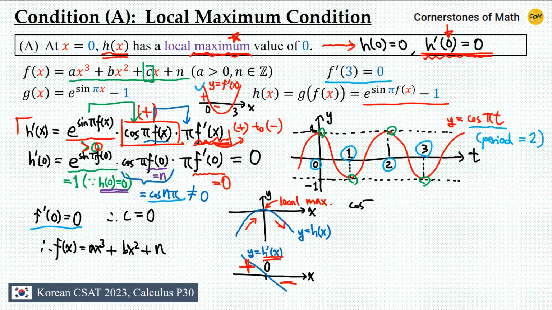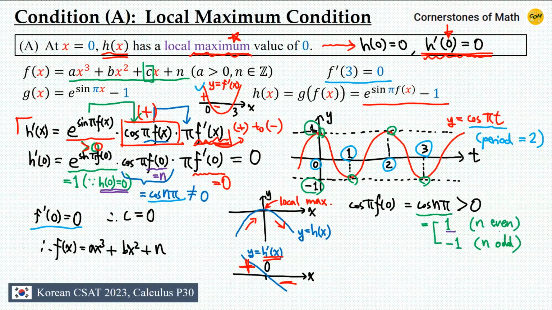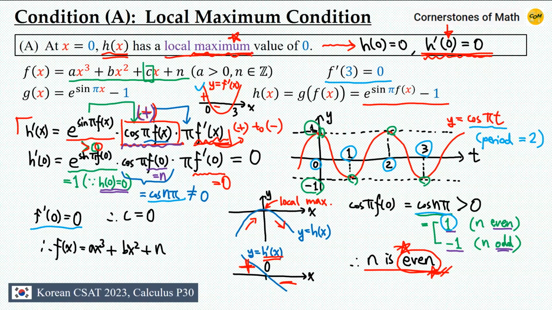Or you can say that cosine pi f(0), which is cosine n pi, must be positive. We've seen that this value is always 1 or minus 1, but more specifically, cosine n pi equals 1 when n is even, and equals minus 1 when n is odd. Therefore, in order for this cosine pi f(x) to be positive around x equals 0, this value must be 1, hence n is even. And this is the important information we can deduce from this local maximum condition.